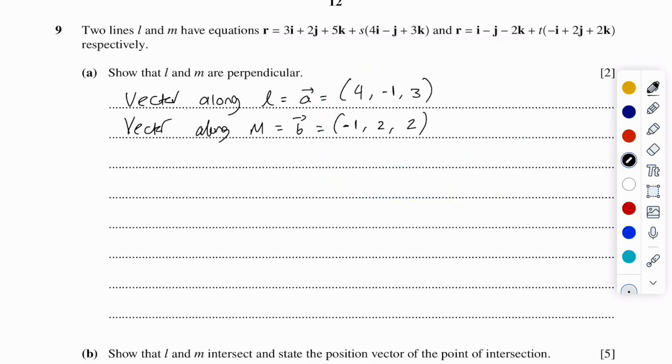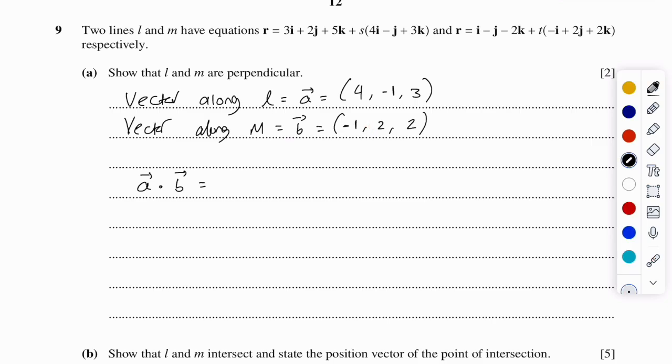Got (4, -1, 3) and (-1, 2, 2), right? So for these to be perpendicular, the dot product of A and B has to equal 0. If we work out the dot product here, 4 times negative 1 is negative 4, minus 2, plus 6.